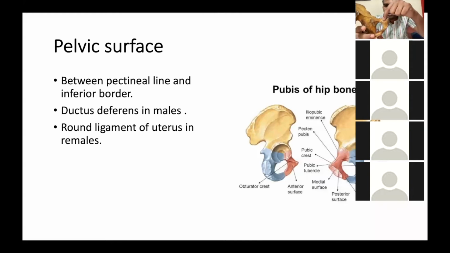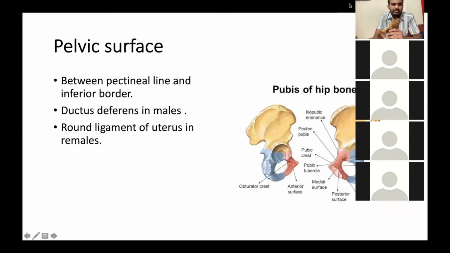Now, if I move my finger like this, this is the posterior or pelvic surface of the superior ramus, which is between the pectineal line and the inferior border. This pelvic surface of the superior ramus of the pubis is related to the ductus deferens, or vas deferens, in males, and the round ligament of the uterus in females.